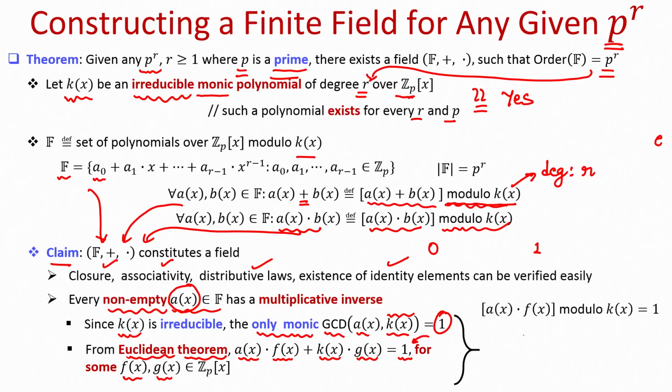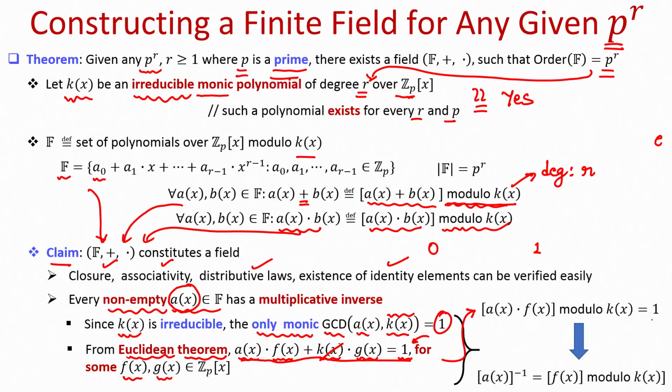Now, if this equation holds, then if I take modulo K(x) on both LHS and RHS, in my RHS 1 modulo K(x) will give me the polynomial 1 itself, whereas in my LHS, if I divide by K(x), the effect of the K(x) term cancels out, since it is completely divisible by K(x). So overall I get that the product A(x)f(x) modulo K(x) gives me the constant polynomial 1.